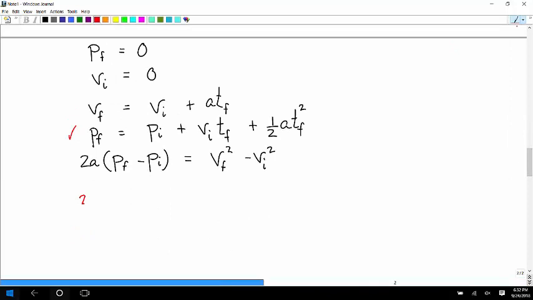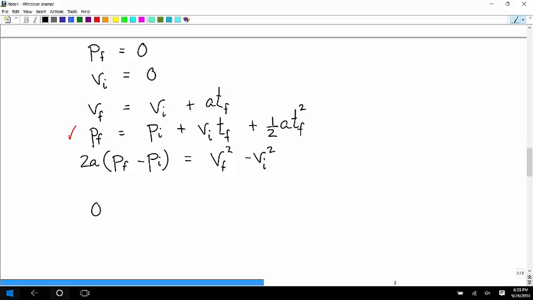So we have 2 times negative 9.81 meters per second squared times the quantity, PF is 0, minus PI, that's what we're trying to find. I'm doing the wrong one. Okay, second one.